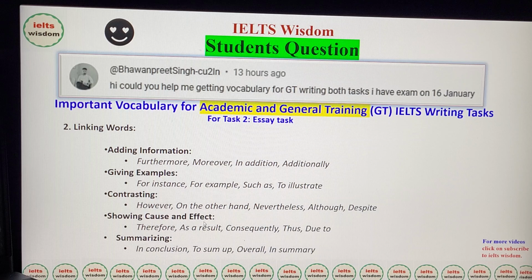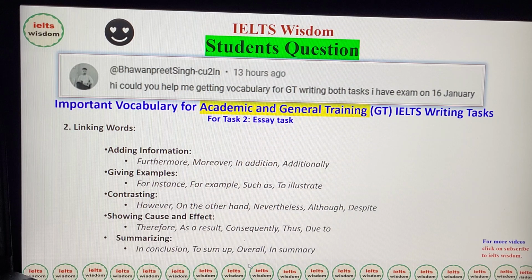Showing cause and effect, like therefore, as a result, we can see the consequences, okay? Or consequently, you can see the results of this, like no rain, no gain, right? Droughts, you can see, thus or due to. So these are the words when you are talking about problems or effects, okay?